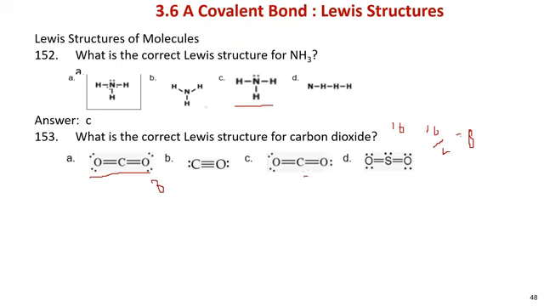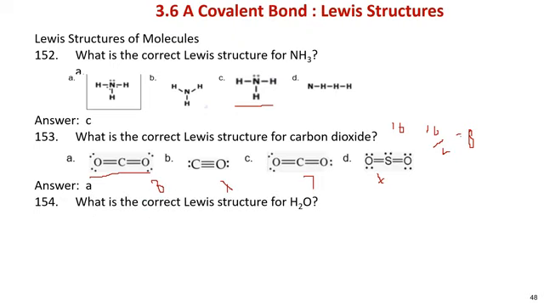So that one is not carbon disulfide, that's carbon dioxide. That's sulfur dioxide. Therefore, the correct answer is this, because it has 8 electron pairs or 16 electrons. Each bond is 2 electrons. Correct answer is A.